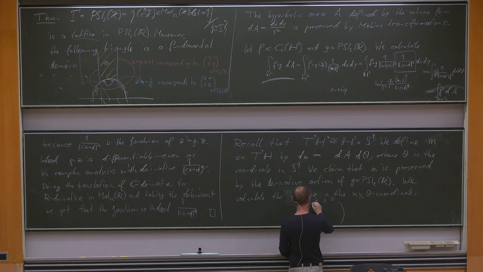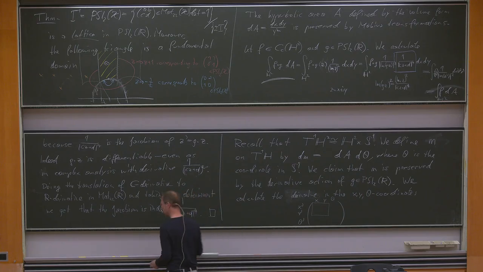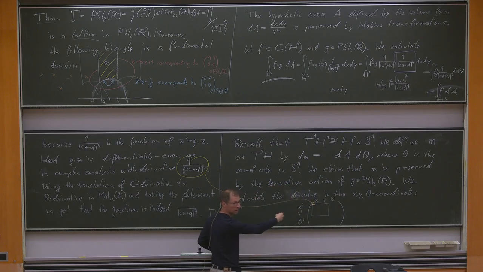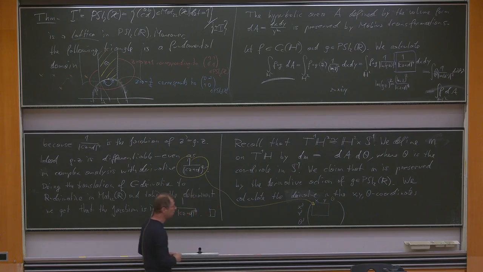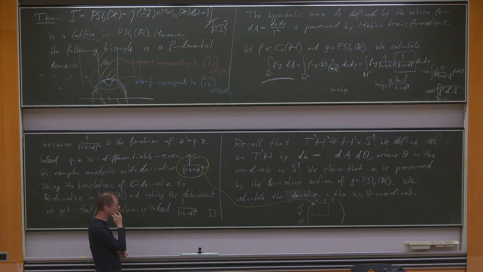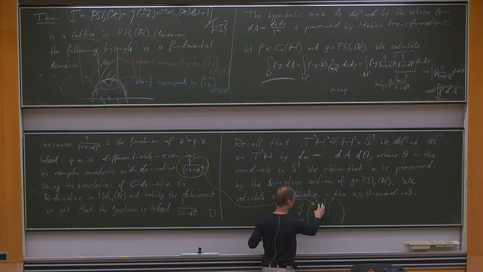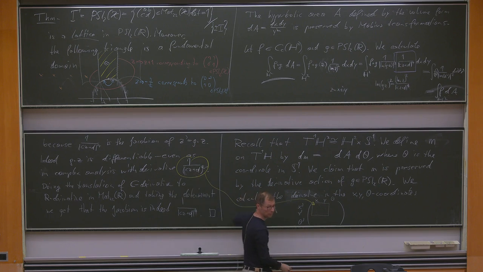Right? And up here we have the derivative that we had been talking about before. This guy as a 2 by 2 matrix is supposed to go here. So I'm not talking about that guy because we already understand it.